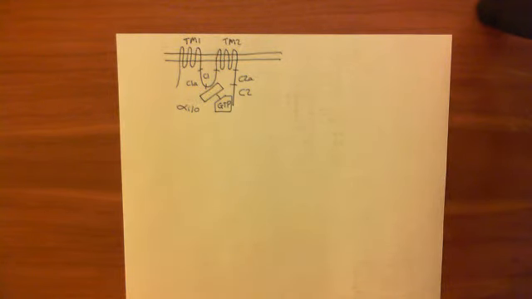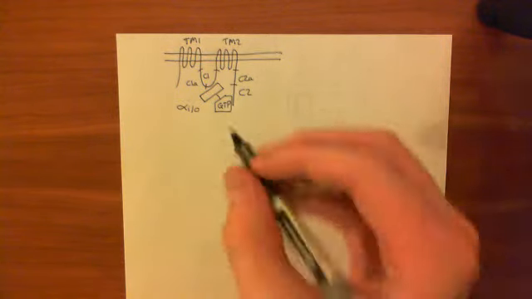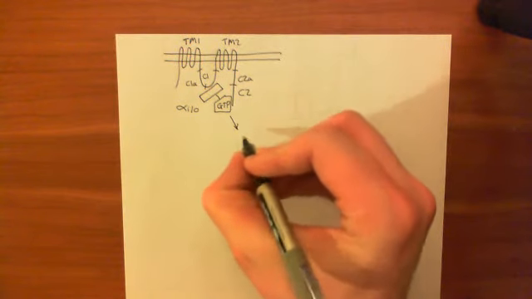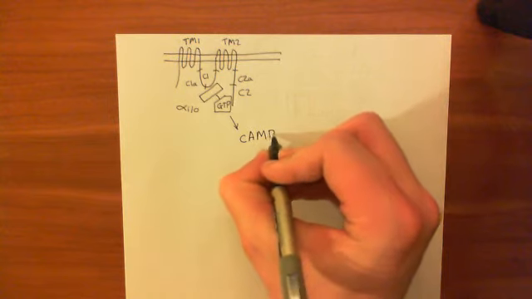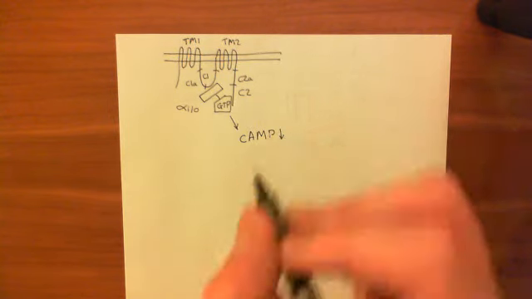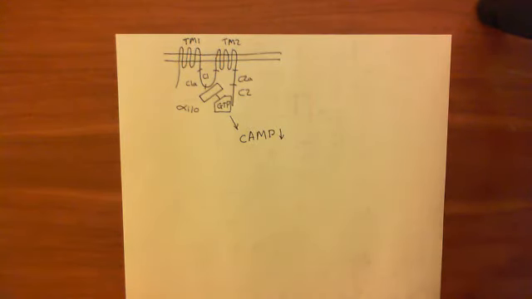Okay, right. So now what's going to happen is that the amount of cyclic AMP you're producing is going to go down, basically. So cyclic AMP production goes down. Well, there are phosphodiesterases in the cytoplasm which are breaking cyclic AMP up, and no one's told them to stop working, so they continue working at the same rate.